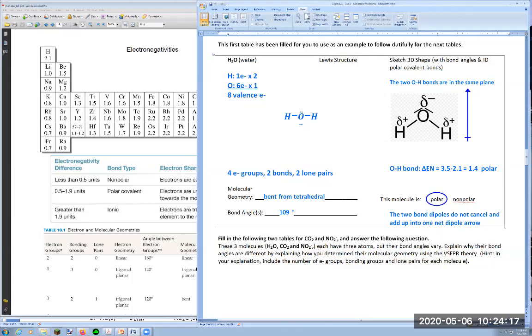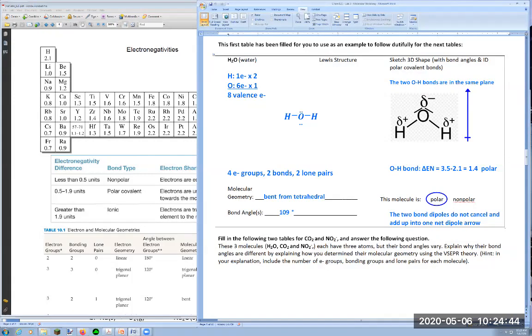Those two small arrows are pointing upward towards oxygen, and they add up into a net dipole. The arrow that you see here represents the net dipole, the polarity of the molecule as a whole, not the polarity of each bond. So you need to show that if you decide that the molecule is polar, and then circle polar or non-polar.